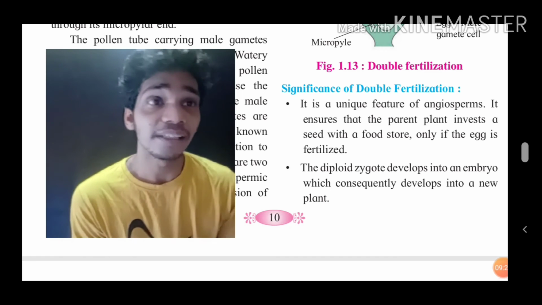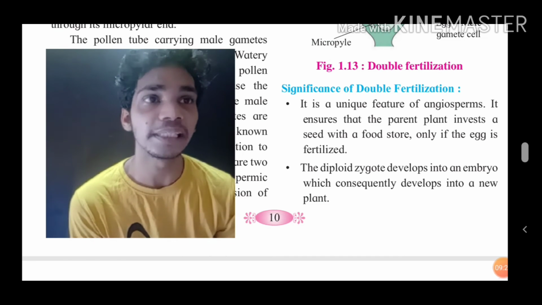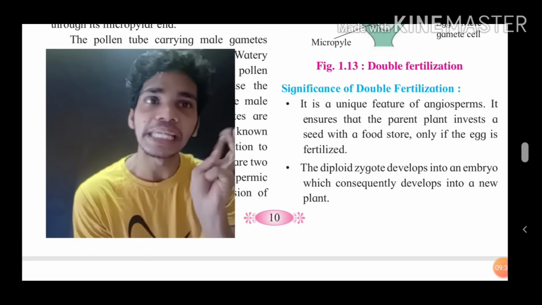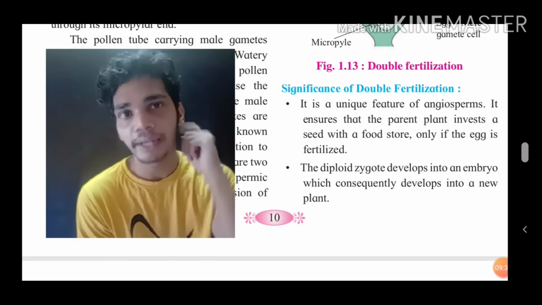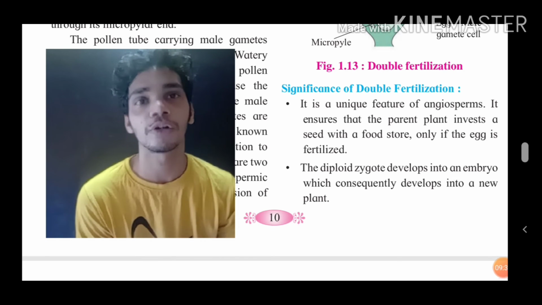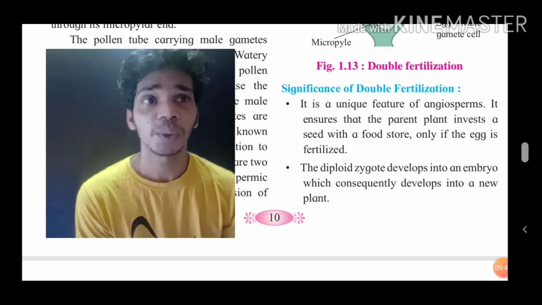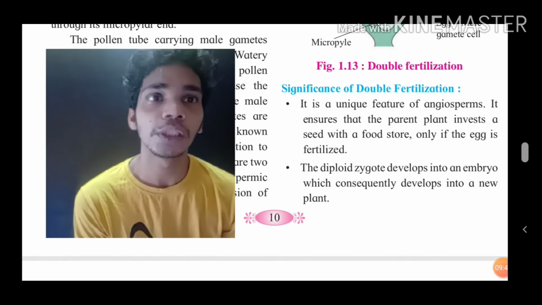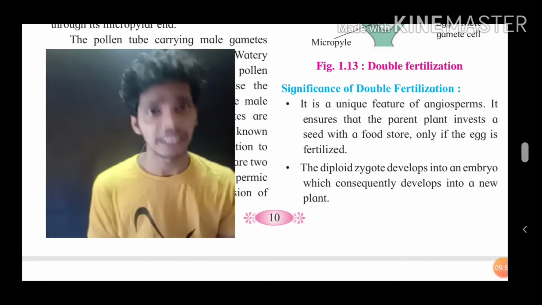So it is written here that the parent plant invests a seed with a food store only if the egg is fertilized. Only then does it form the food reservoir, otherwise it will not. Second, the diploid zygote develops into an embryo, which consequently develops into a new plant. There are many steps we will study later on.